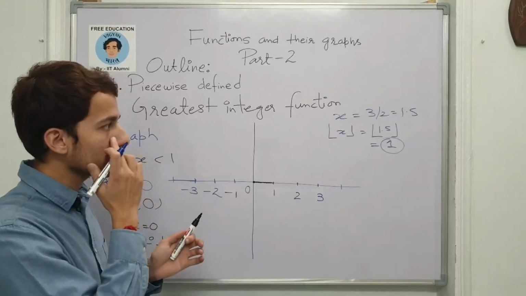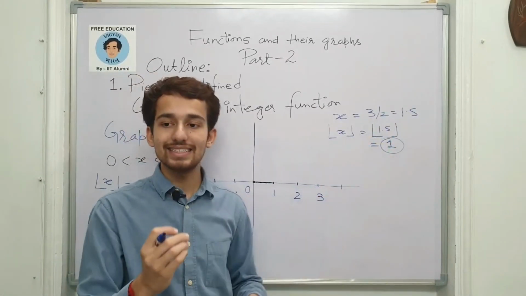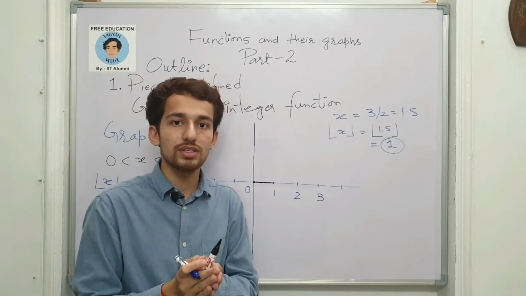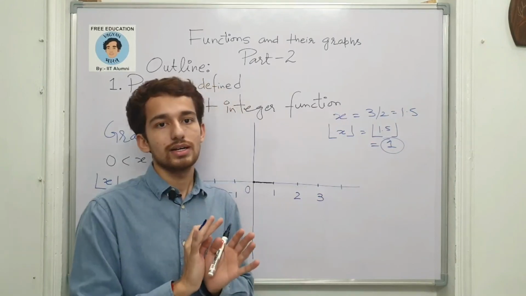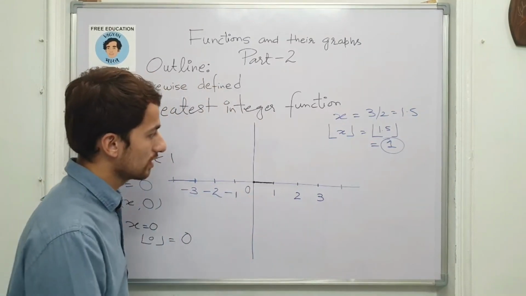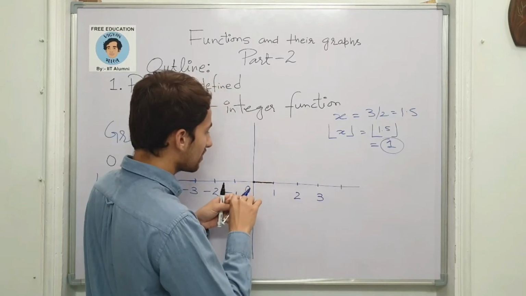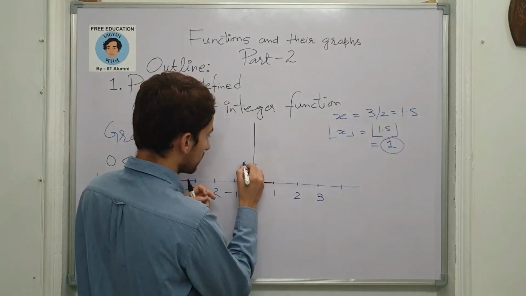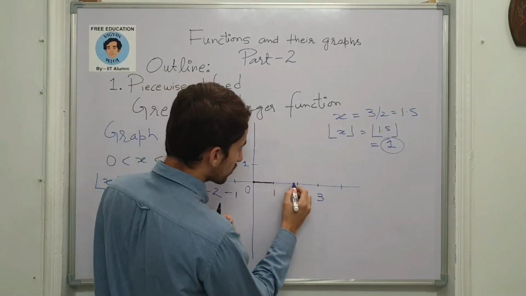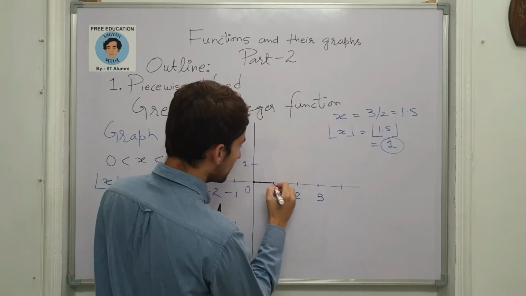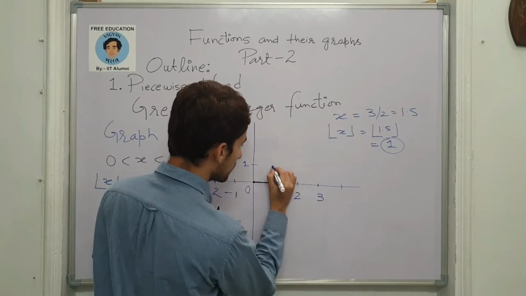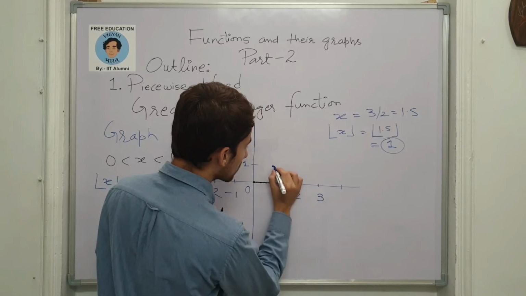Whatever number you are giving as an input, the output is the greatest integer less than or equal to that x. So the output is 1. So the value 1 lies over here, and corresponding to all those inputs, the output is the same. Even at x equals 1, the output is 1. For any values strictly less than 2, the output lies over here, the constant 1.